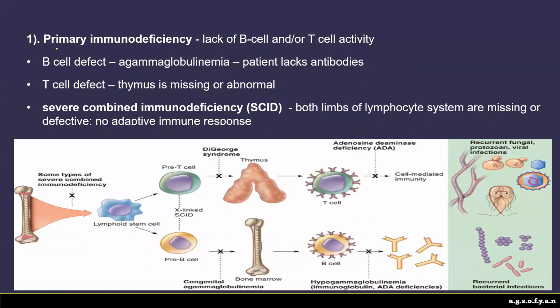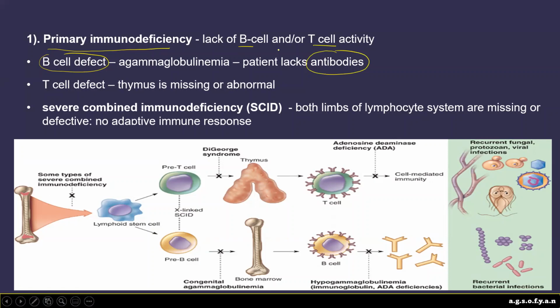Okay, the primary immunodeficiency disease is the lack of B cell and/or T cell activity. If it is a B cell defect, it's called agammaglobulinemia, and because B cells produce the antibodies, this person will not have antibodies produced.